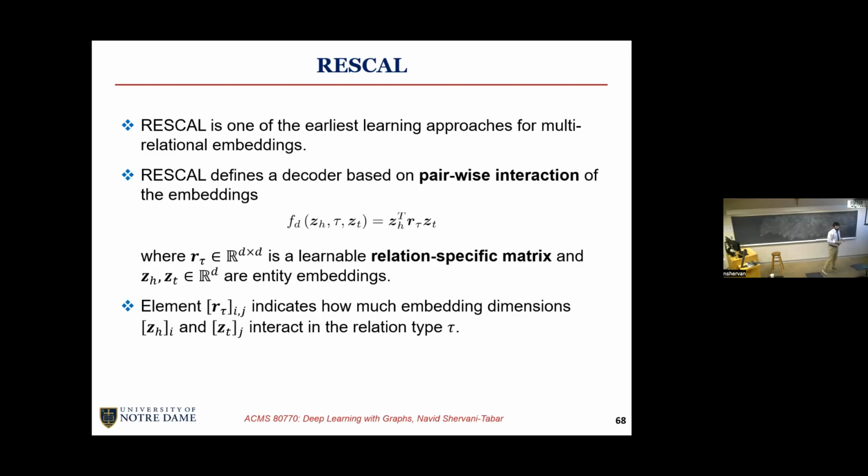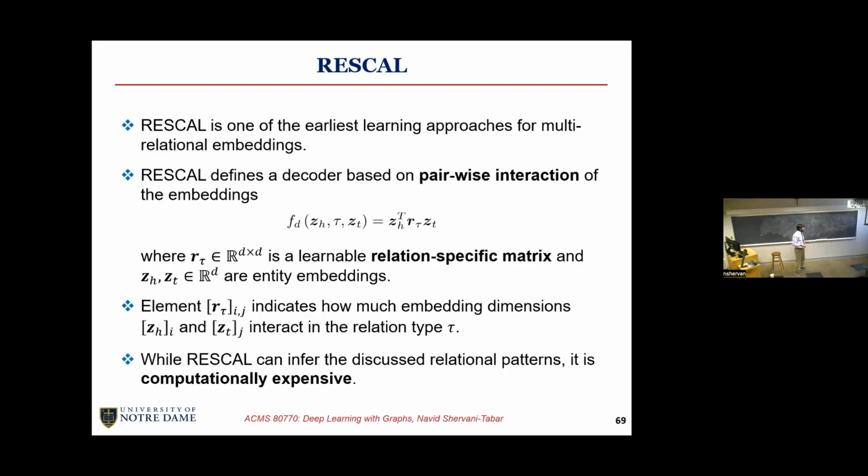There's one problem with this, and that problem is computational expense. Our R_tau this time is not a vector anymore, it's a matrix, so it's a larger amount of computation needed to learn the embeddings. And if you think about it, knowledge graphs are not small.